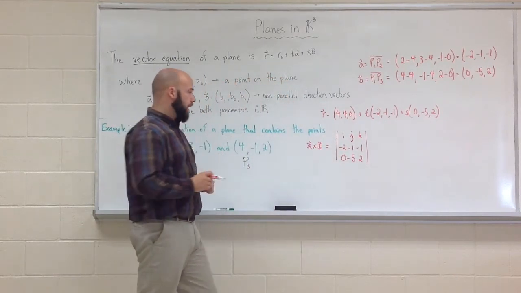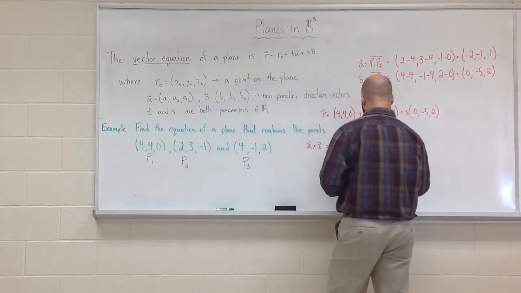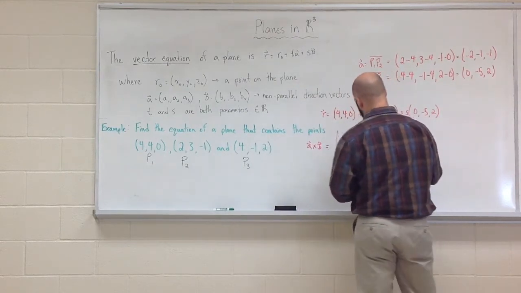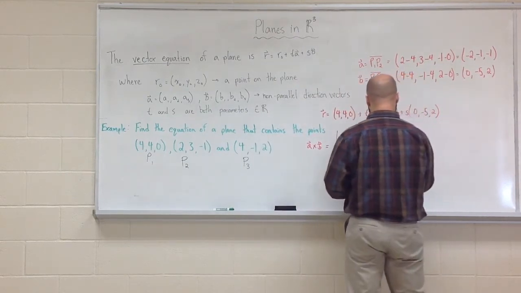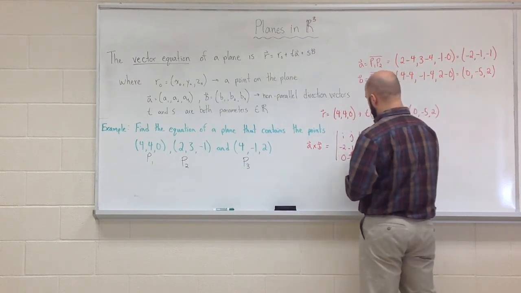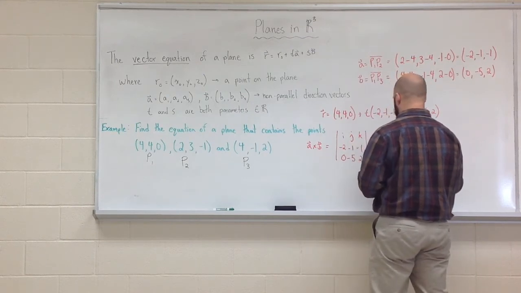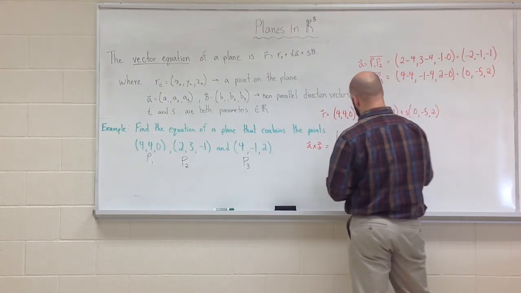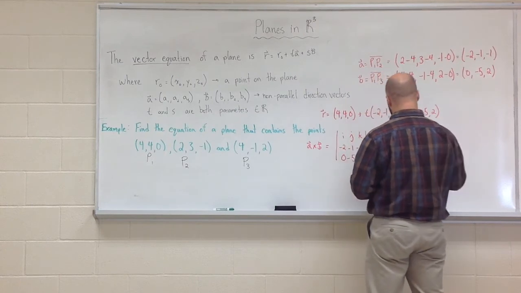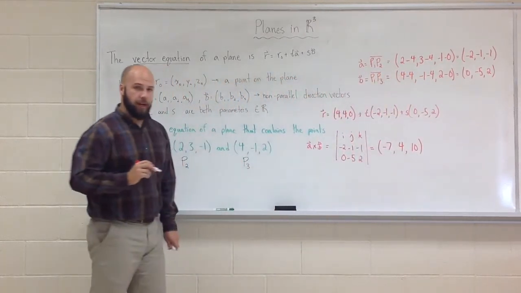We're going to get that cross product, and we should have -2 minus 5, so -7. Negative 4 minus 0, but the negative value, so 4. And 10 minus 0, so (-7, 4, 10).